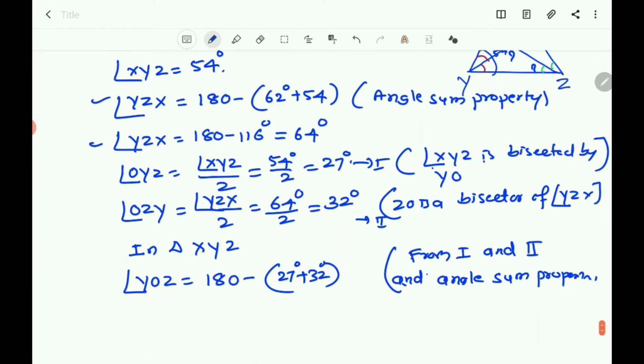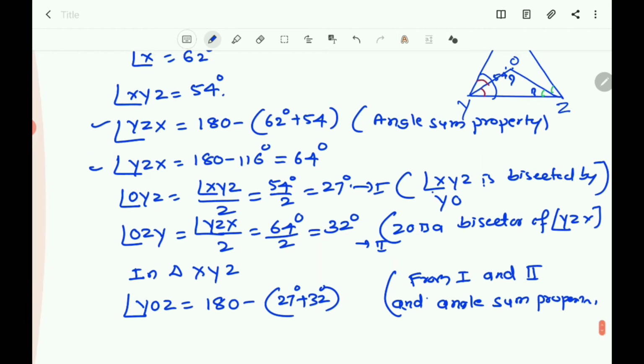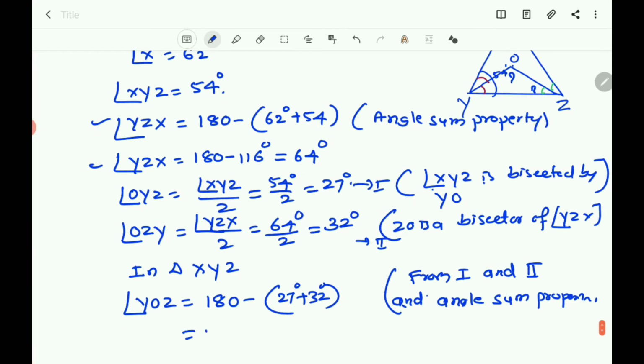So one angle is to be found out. So 180 minus the sum of the other two angles. So it is 180 degrees minus the sum of these two, which is 59 degrees.